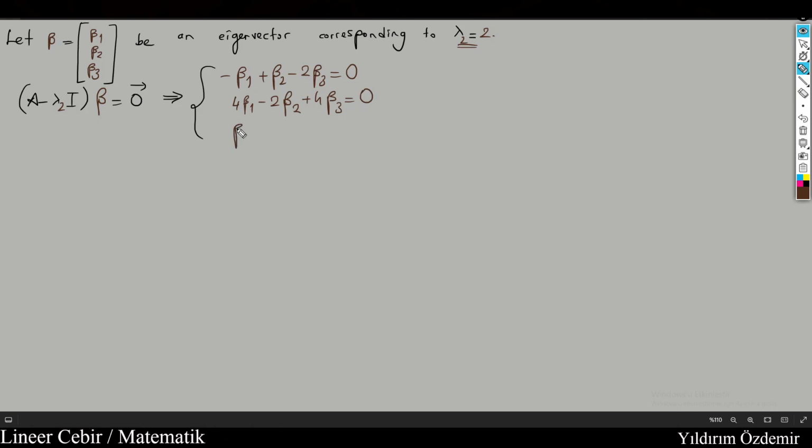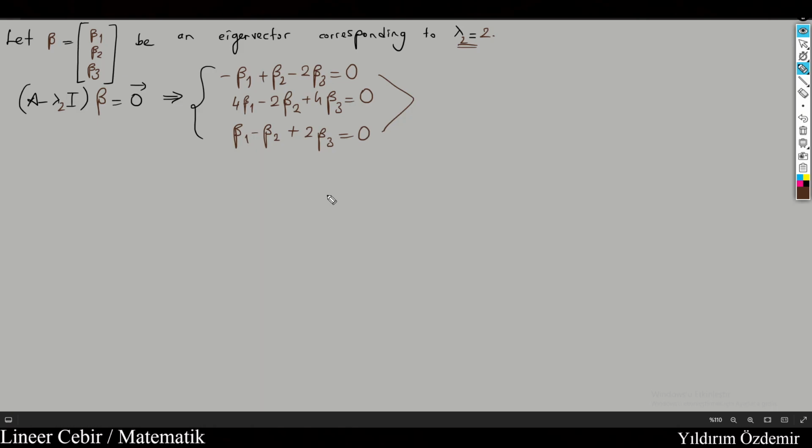And the last one is beta 1 minus beta 2 plus, oh I'm sorry, it is not 4, because we subtract 2 from 4. So we have 2 beta 3 is equal to 0. Actually, first and third equations are the same; it is minus parentheses, you see.